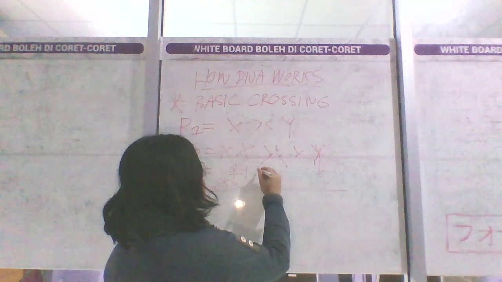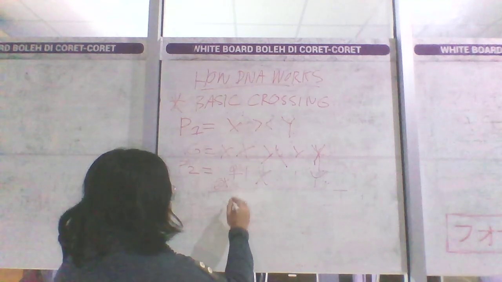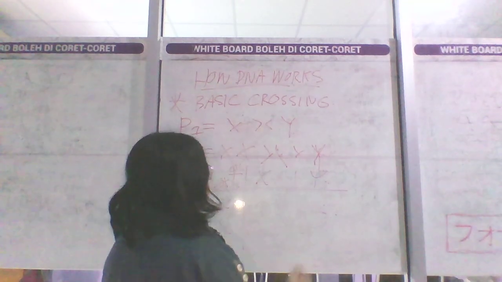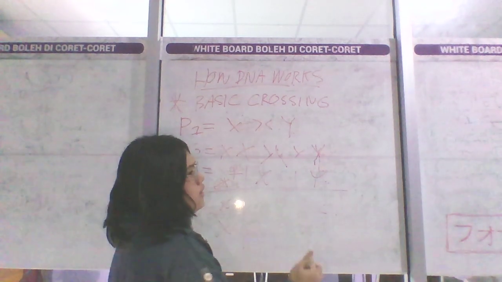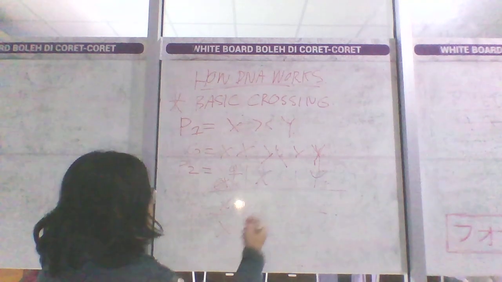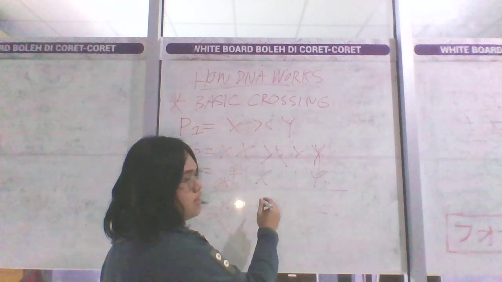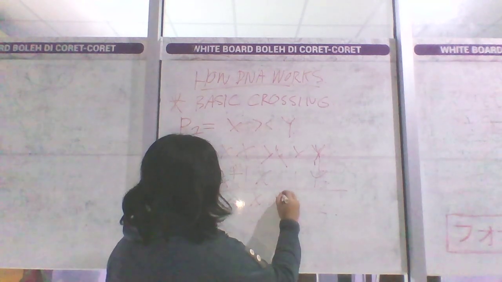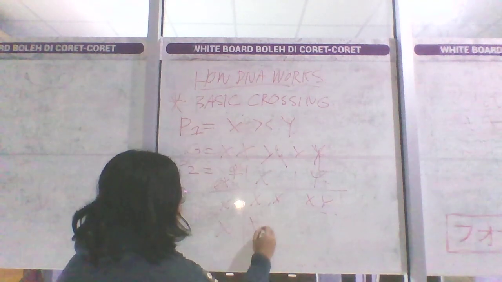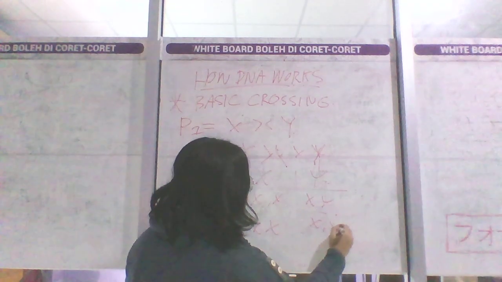In female we have X and Y, and in male we have X and X. We put it like a Punnett graph to cross this DNA. In the first box we have X and X, the second X and Y, the third X and X, and the fourth, the last, X and Y.